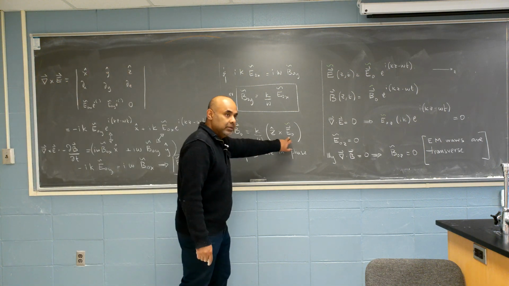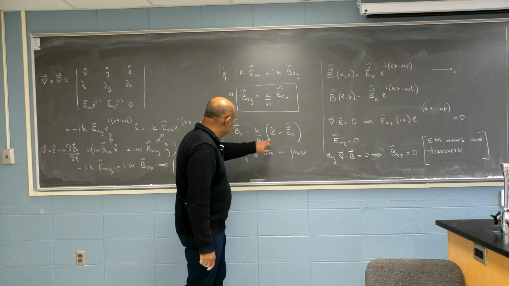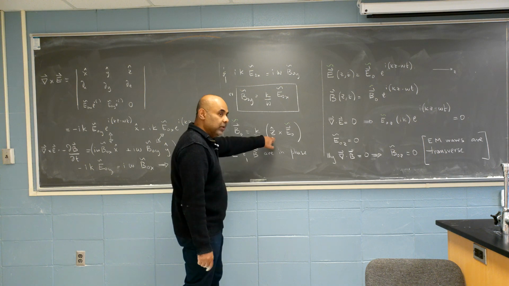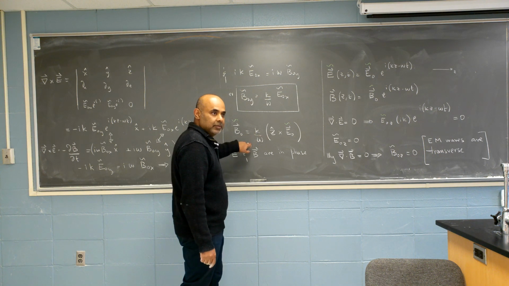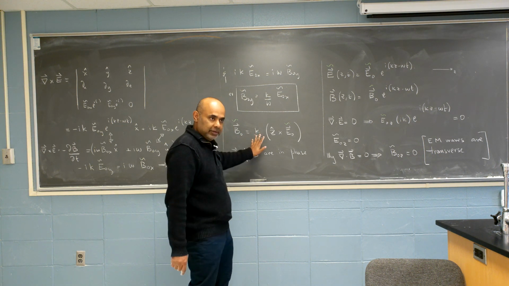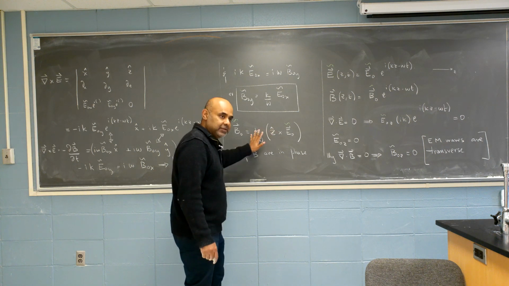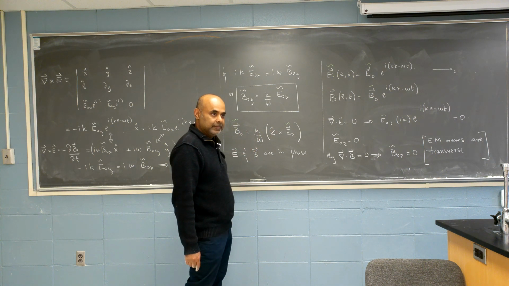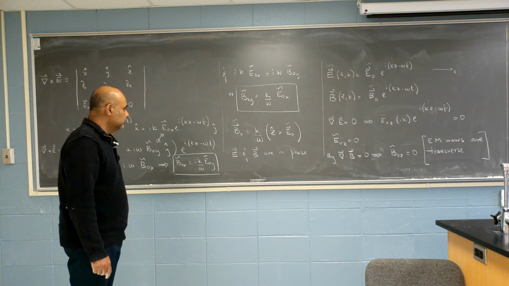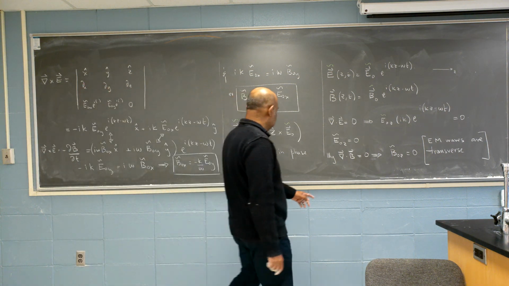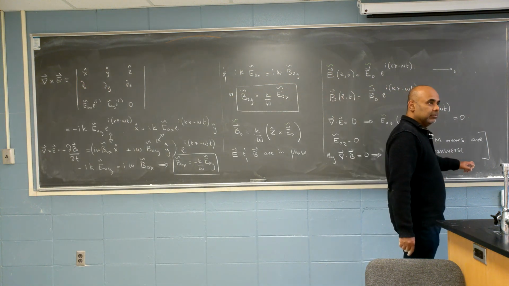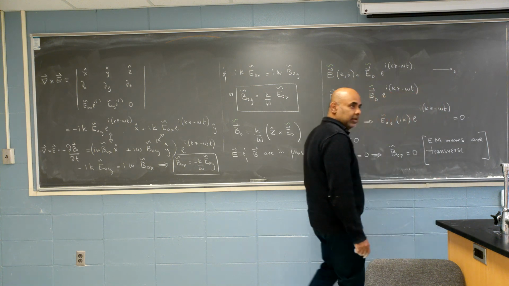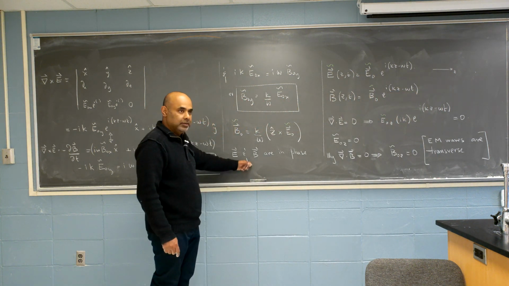Whatever the complex factor is over here, it's the same complex factor. This is real. The amplitudes are different, but the phase factor is real. So two lessons learned: EM waves are transverse, and E and B are in phase.